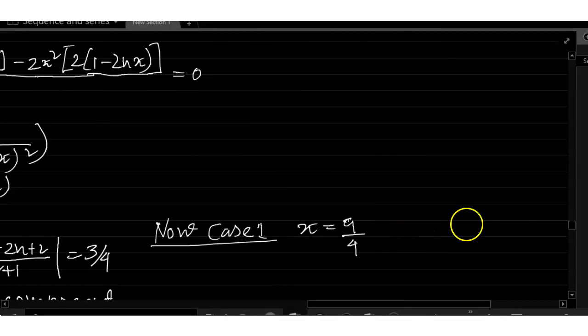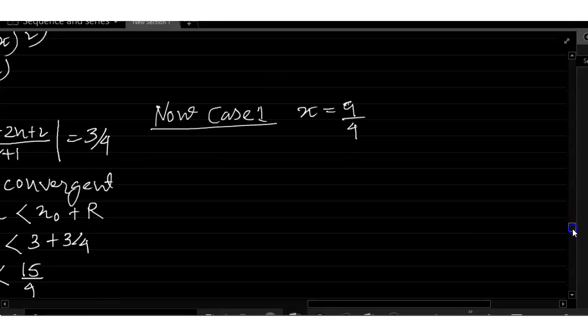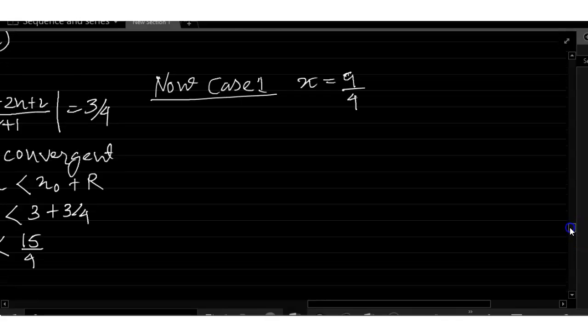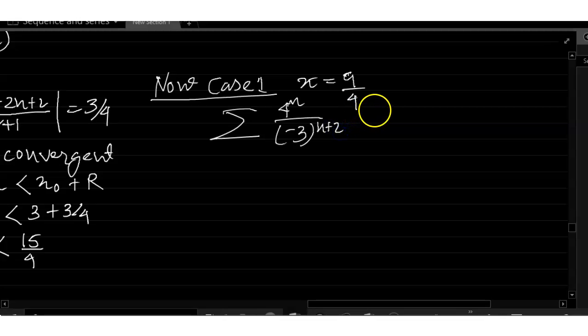So x equals 9 by 4. Hence, our series is summation 4 to the power n divided by (minus 3) to the power n plus 2, into (9 by 4 minus 3) whole to the power n, divided by n square plus 1.